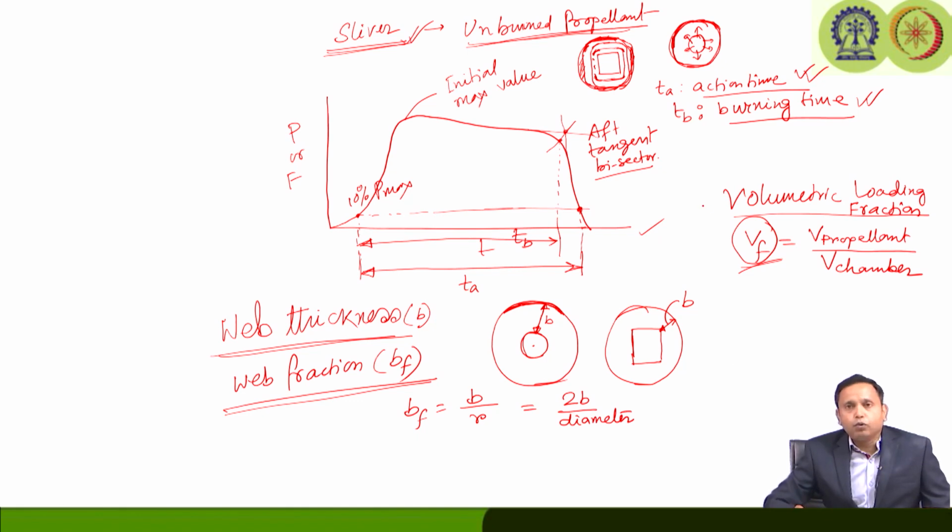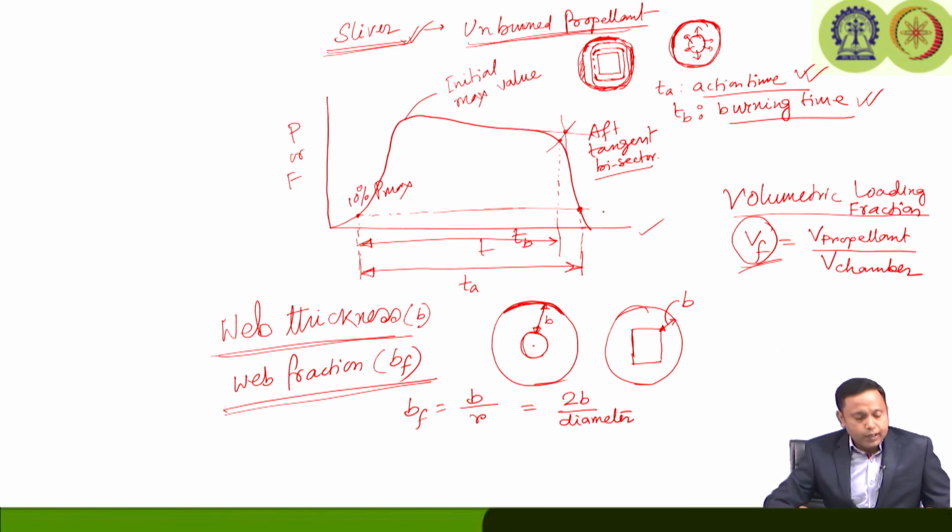What kind of profile we are looking for, whether neutral, progressive or regressive, will tell us what type of configuration the grain is supposed to be. If it is a complex grain configuration, we need to look at whether the available propellants can handle that type of grain geometry, because the propellant must have enough strength to handle complex geometry.